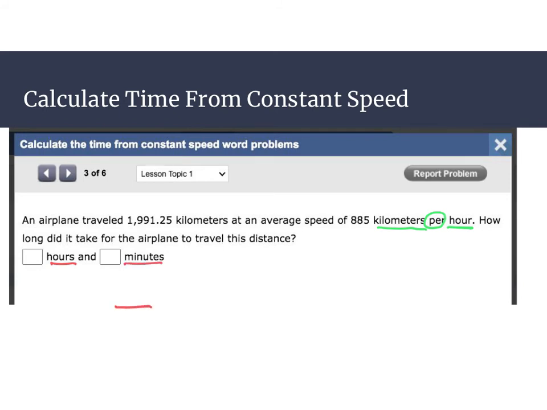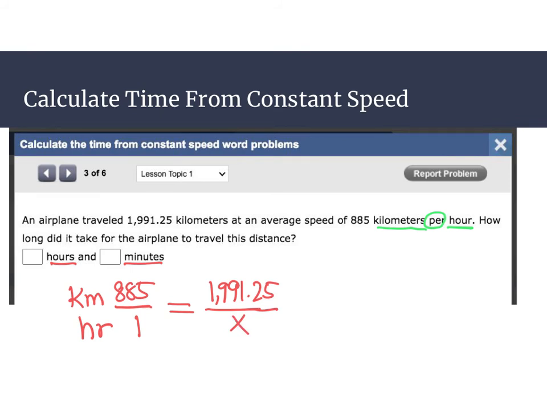So I'm still going to set up that proportion, line equals line. I'm going to do my constant rate of kilometers per hour, and I have 885 kilometers per 1 hour, but we know that the airplane actually traveled 1,991 and 25/100ths kilometers, and we don't know how many hours.